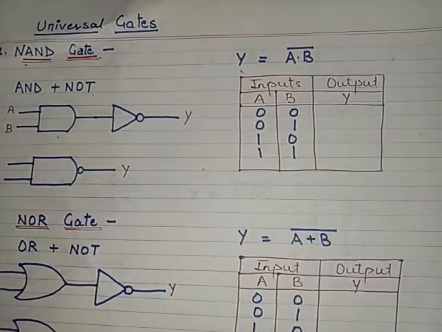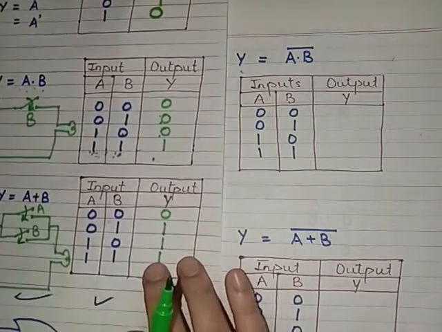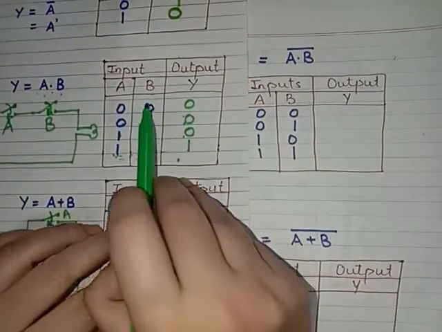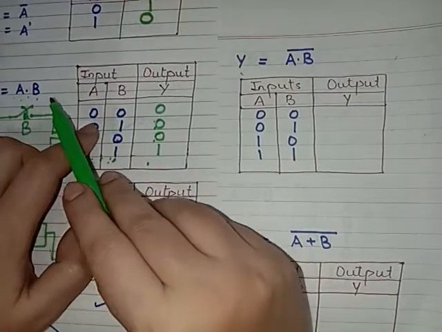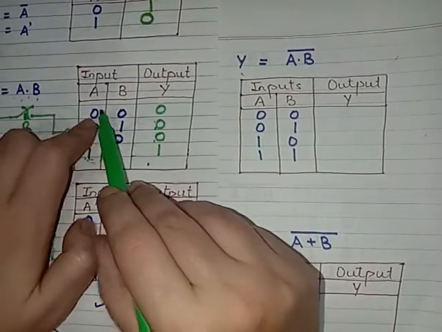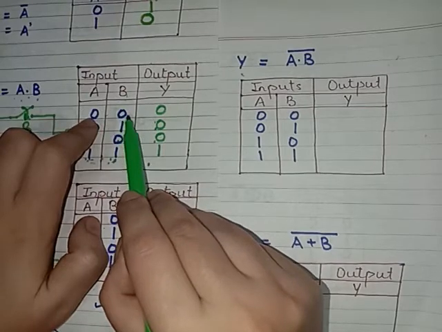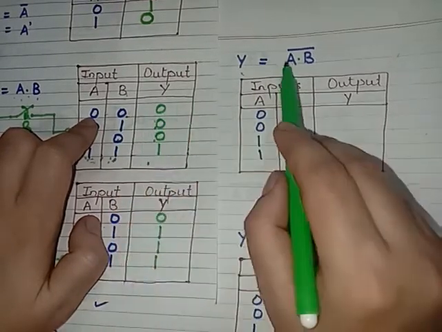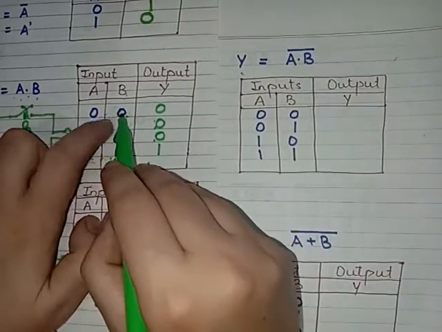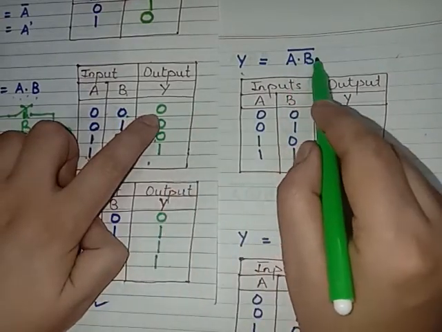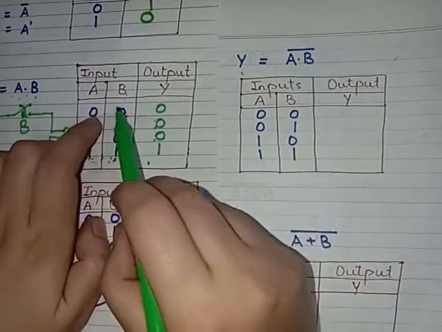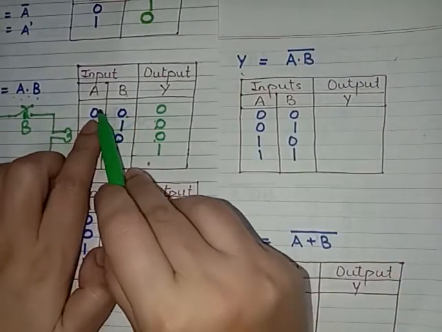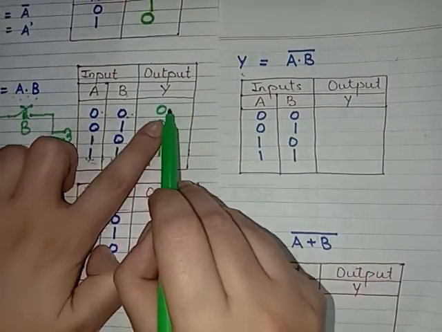So when we discuss the relation between input and output, suppose I'm taking the truth table of AND gate here for reference. This was an AND gate table, y is equal to ab. If a is 0, b is 0, the bulb will not glow. But in this case, first of all you will get a 0, then after that the complement, right? In the AND gate, a is 0, b is 0, output is 0.